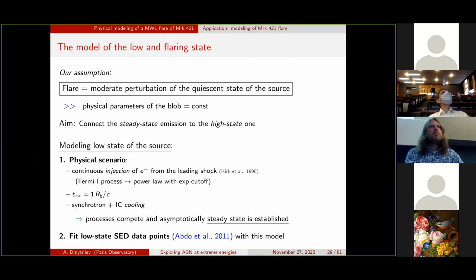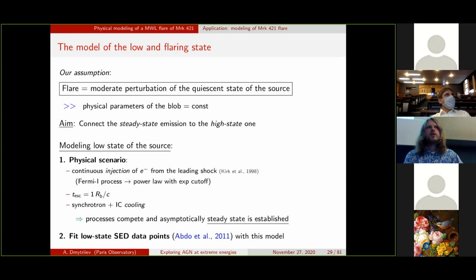And so the aim of our work is to connect the steady state emission, the quiescent level of the flux, to this high state one, using a coherent description. So first we need to model the baseline, the quiescent state of the source. We assume a physical scenario, in this blob and jet view, in which the electrons are injected into the emitting region and they undergo cooling and escape.